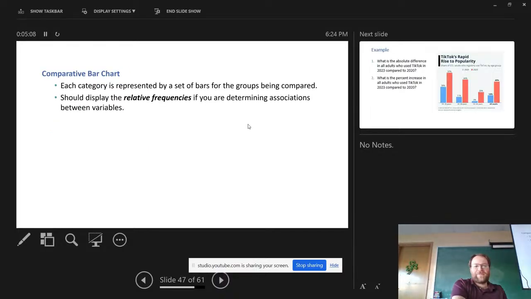Comparative bar chart. Each category is represented by a set of bars for being compared. And for this one, you can use relative frequencies if you're trying to make associations between variables, or if you're trying to look at percent differences or percent change from one variable to the next.